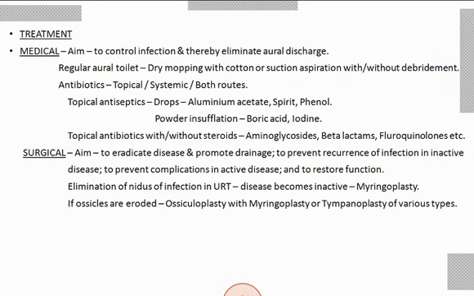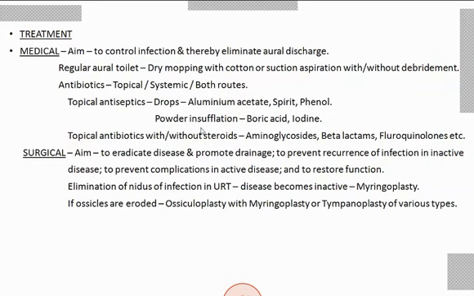These will be more effective because they kill both bacteria and fungi, as in mixed infection, and also the spirit brings the pH of the skin towards the acidic side, where infections will not thrive.